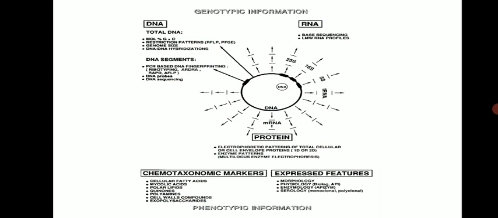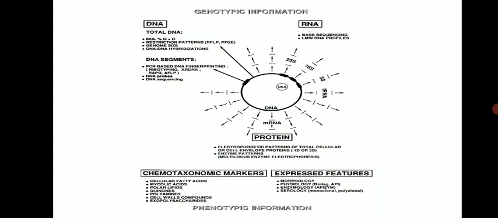Then at the base, there are chemotaxonomic marker based techniques. The techniques include cellular fatty acids, then mycolic acid, then polar lipids, then quinones, then polyamines, then cell wall compounds, and exopolysaccharides, known as expols.